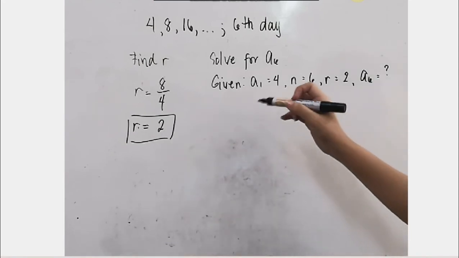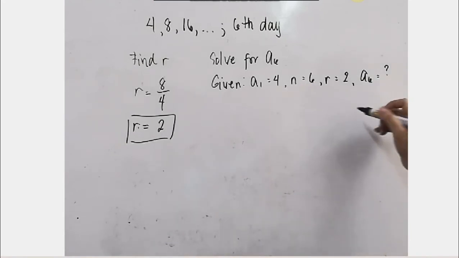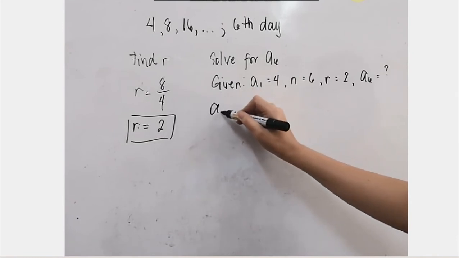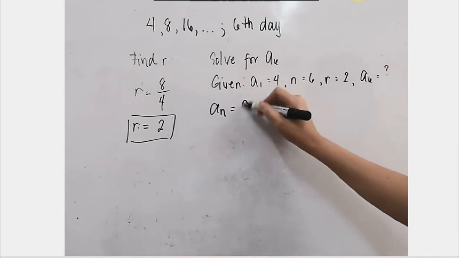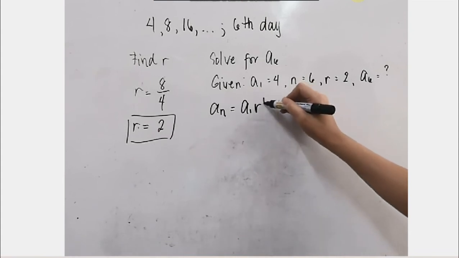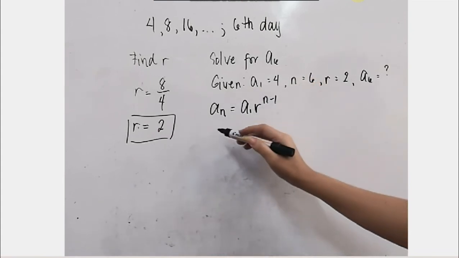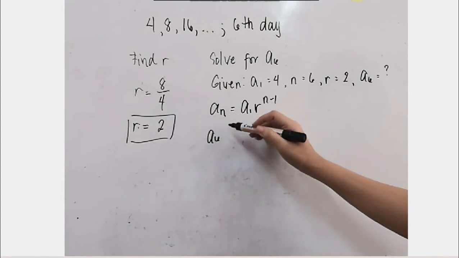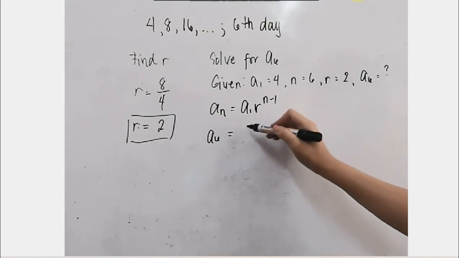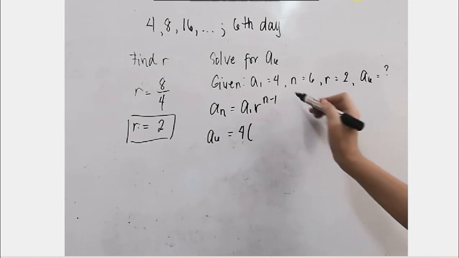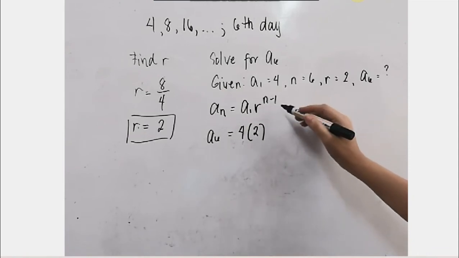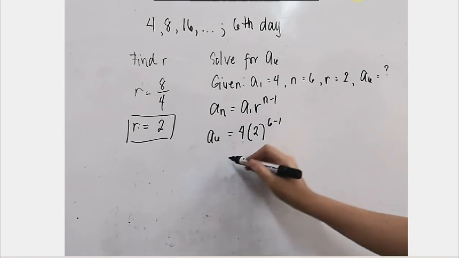Okay, so here we are going to solve given the formula a sub n is equal to a sub 1 times r raised to the power of n minus 1. So we have a sub 6, substitute the value of n. Then a sub 1 is 4 times our common ratio, which is 2. Then n minus 1. So 6 minus 1.